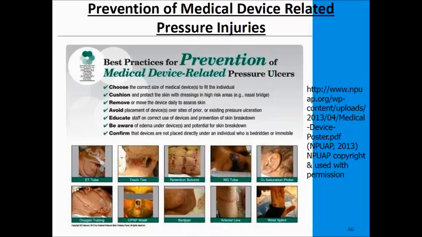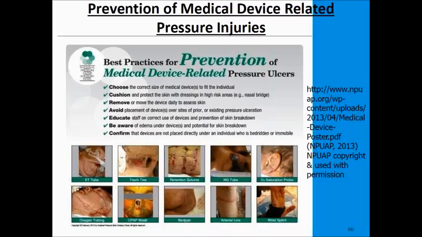Trach ties. With trach sites, a lot of times there's a lot of moisture around these areas, so they're going to be at risk for breaking down. Talk to your respiratory therapist as well. You should be cleaning underneath these frequently. Follow your policy, making sure they're clean and dry. You can place a foam dressing or a type of dressing to help control the moisture to help prevent breakdown.